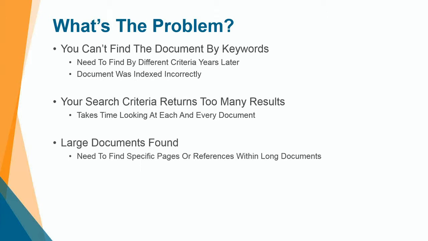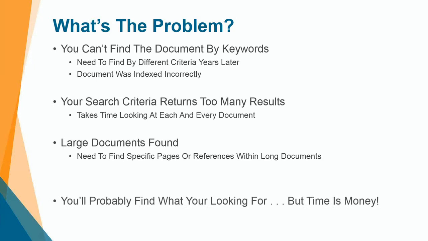Natively in OnBase, you're going to have to look through all of those different pages to find what you're looking for. And all of this is going to take some time. Time is money. You're probably going to find that document, but it's going to take a lot of effort, and we all realize that the more effort that goes into it, the more costs are being incurred for your organization.